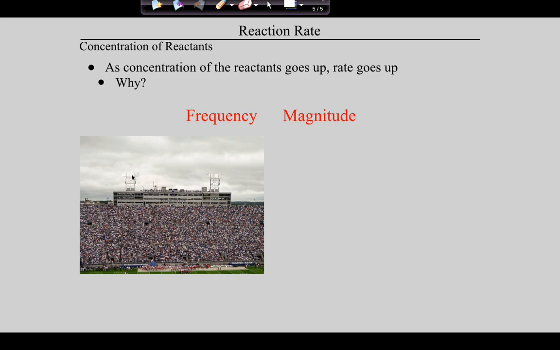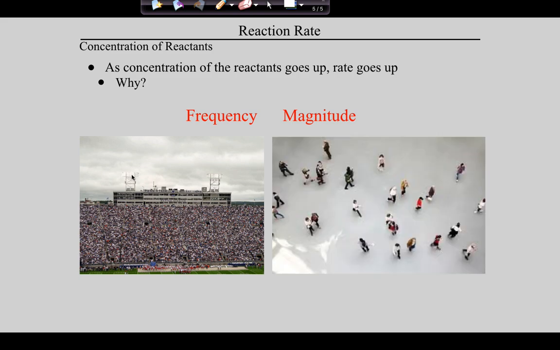Guys, you understand that the only way to get tickets to a Nebraska Cornhusker football game is if somebody dies. Seriously, it's true. People leave their season tickets to their children in their wills. You can't get tickets to a Cornhusker game. Guys, this is very, very high concentration. Now, this is low concentration.